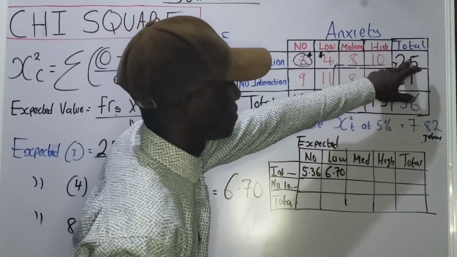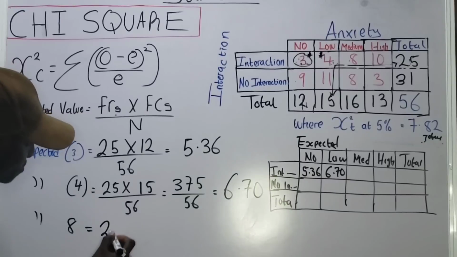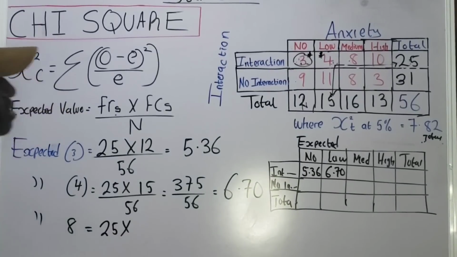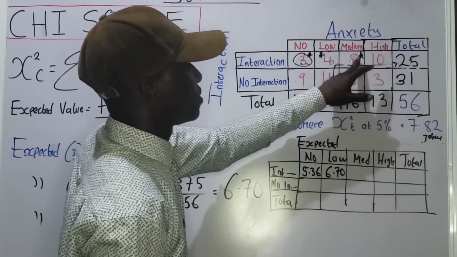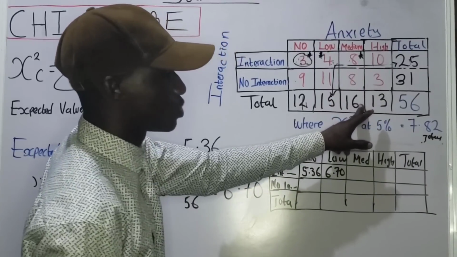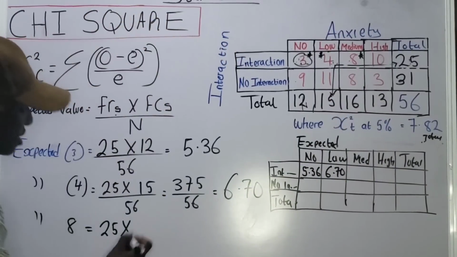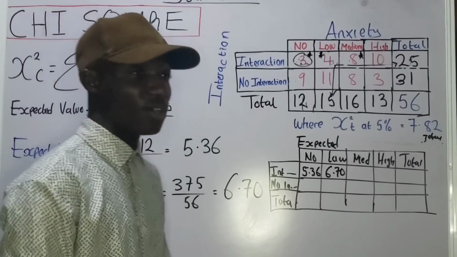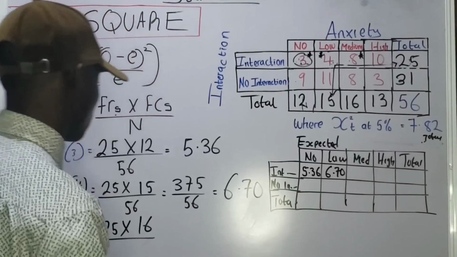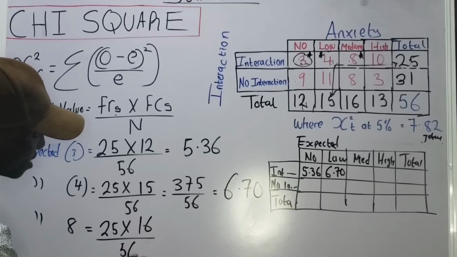That is 25. So I'm going to have 25 multiplied by the frequency of the column summation. You trace it to the column, the total is 16. Divided by 16 all over the total number of frequency, that is 56.